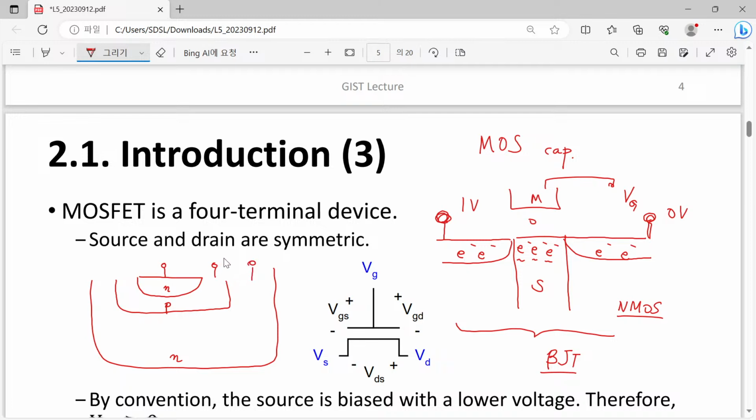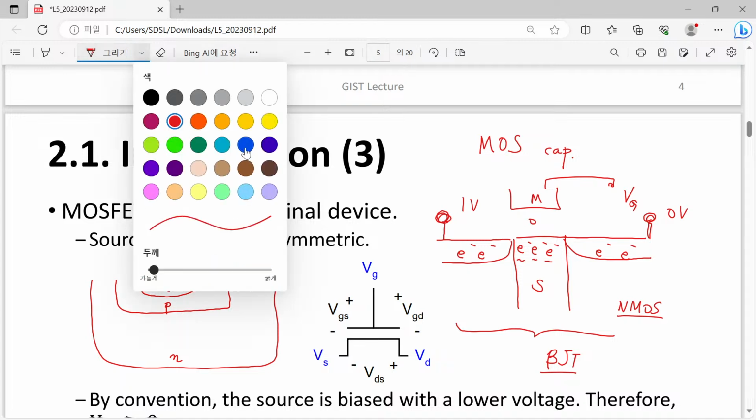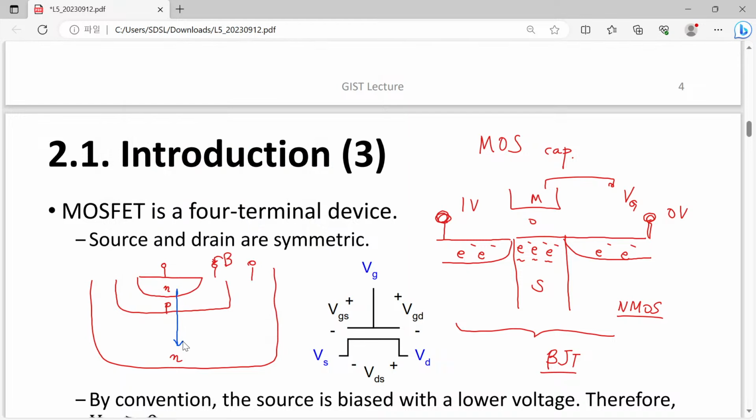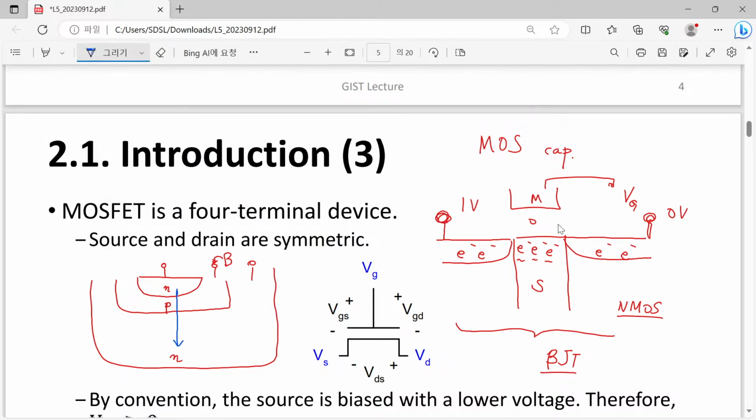By controlling the contact voltage for this center one, we can control the current path or amount of current between this N-type region and the other N-type region. So it is quite similar to the MOS system.